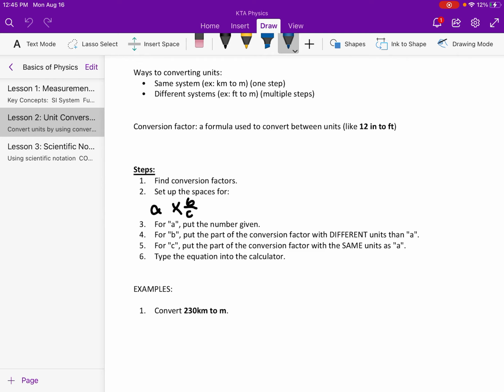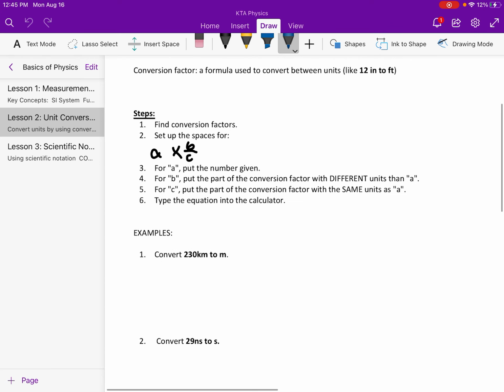But if it's in different systems, like feet to meters, then it will have multiple steps. You need to know a conversion factor, which is just a formula you use to convert between units, like how there's 12 inches equals 1 foot. That's what I meant to say.